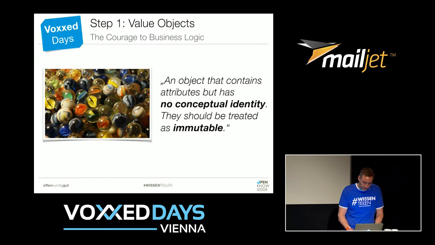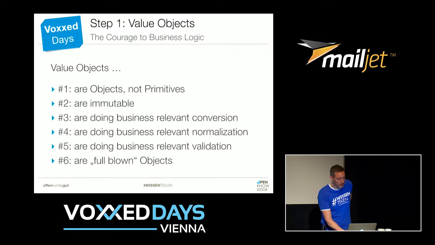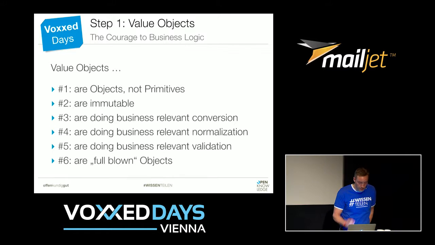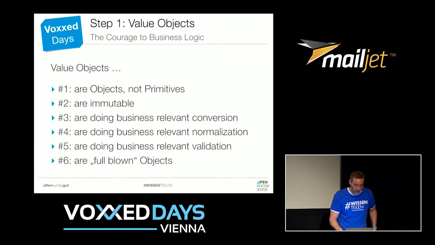So, value objects. They have several main topics we see over there, and I will show you some examples of all these topics. So first of all, they are objects, not primitives. They should be immutable, and they do business-relevant conversion, normalization and validation, and are full-blown objects.